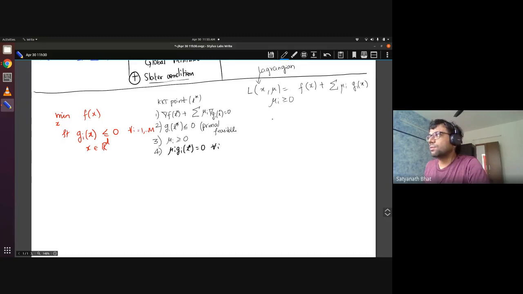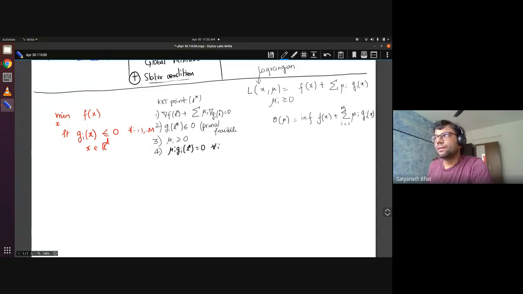So we will define what is called theta of mu, which is the inf of f of x plus summation mu_i g_i of x, i equal to 1 to m. And the inf is taken over what?